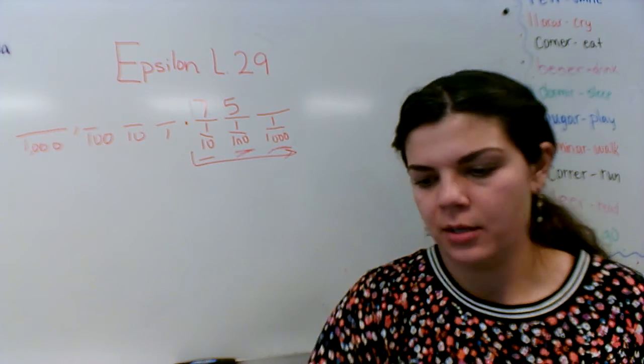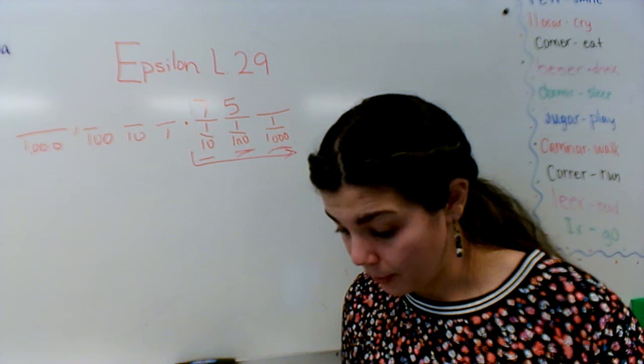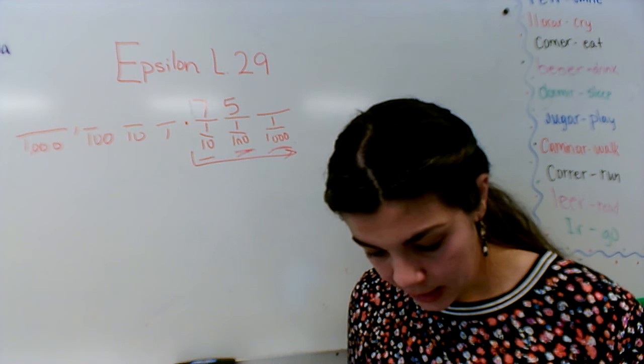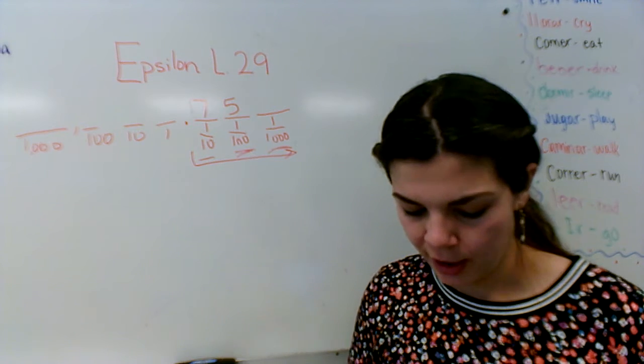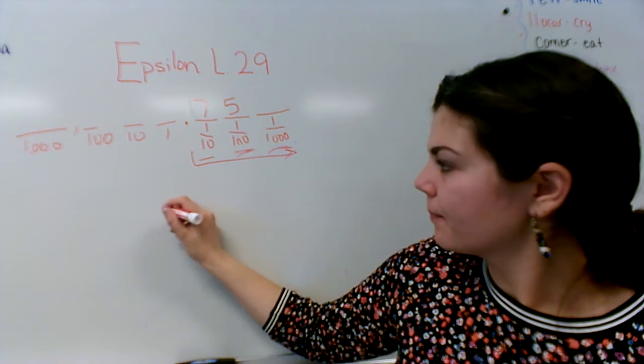So let's look here. Your first page is very simple, but you still need to know what you're doing. It's going to have multiple spots for you to work. So like how we did half.